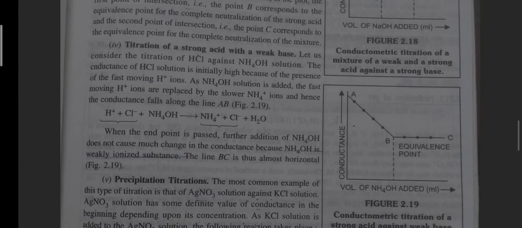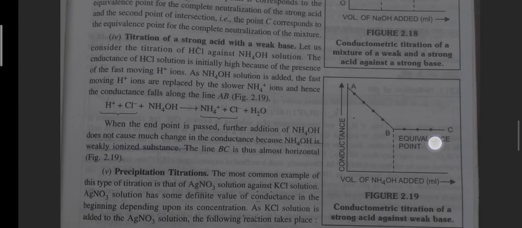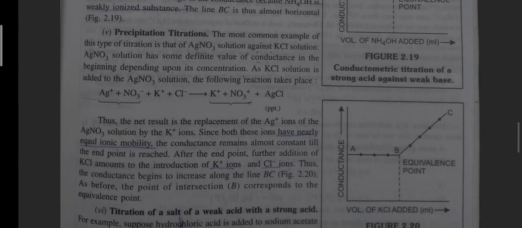As NH4OH solution is added, the fast moving H+ ions are replaced by the slower NH4+ ions and hence the conductance falls along the line AB. When the end point is passed, further addition of NH4OH does not cause much change in the conductance because NH4OH is a weakly ionized substance. The line BC is thus almost horizontal.